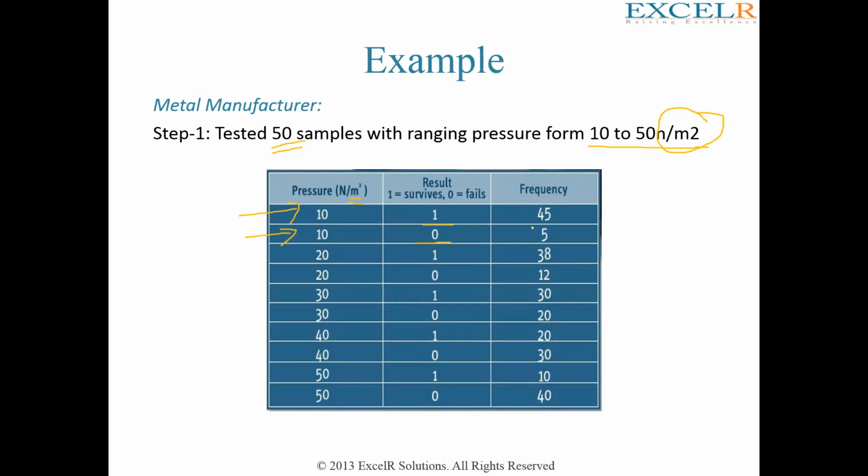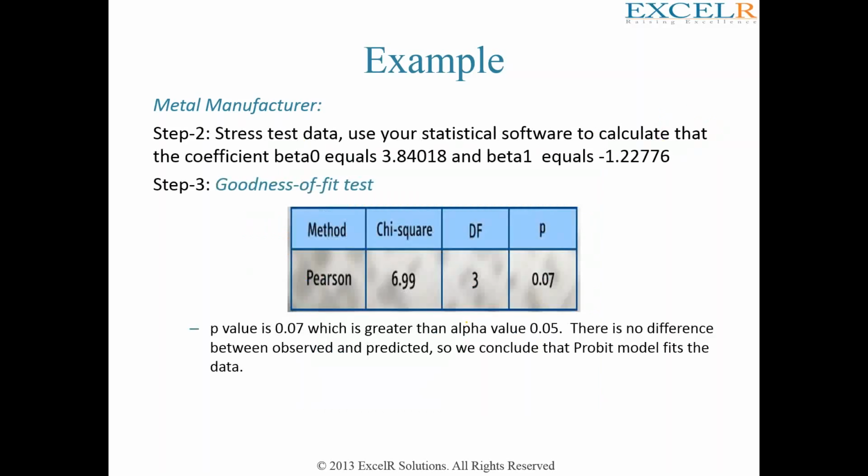So 45 survived, 5 failed. At pressure level 20, 38 survived and 12 failed the survivability test. And if I apply pressure of 30 Newtons, 30 survived and 20 did not survive, in that sense, right?